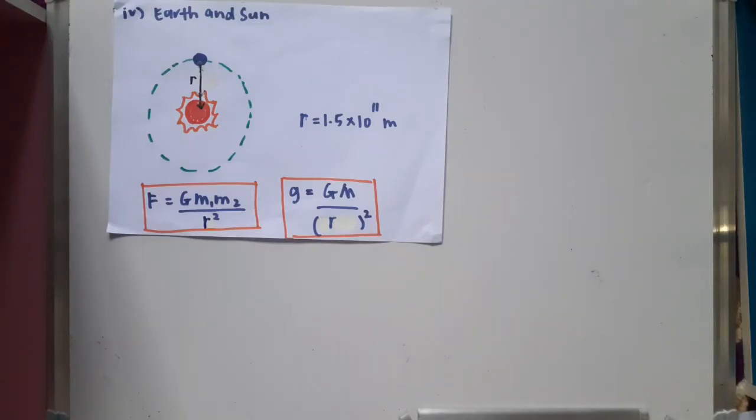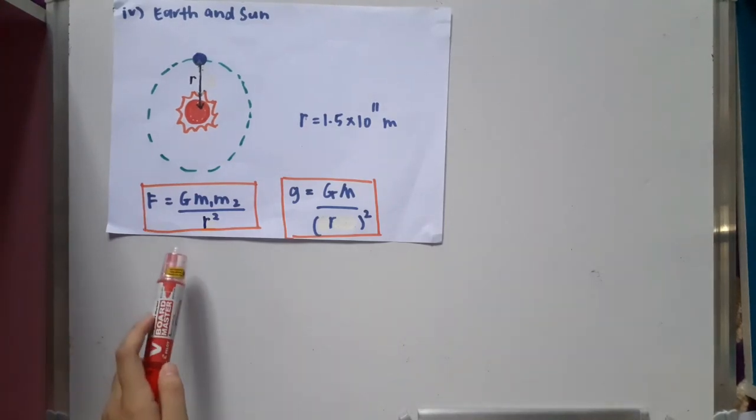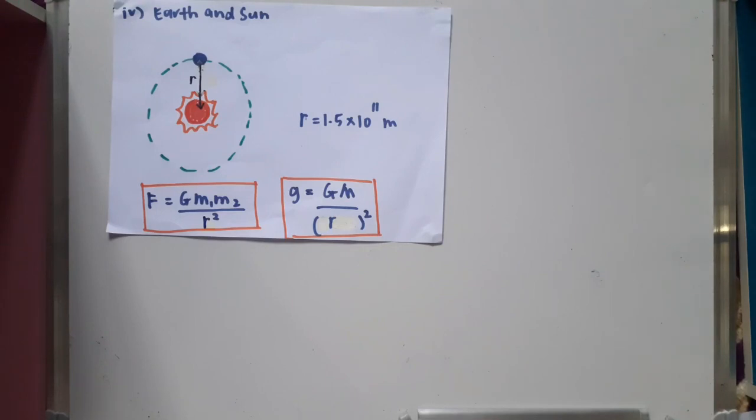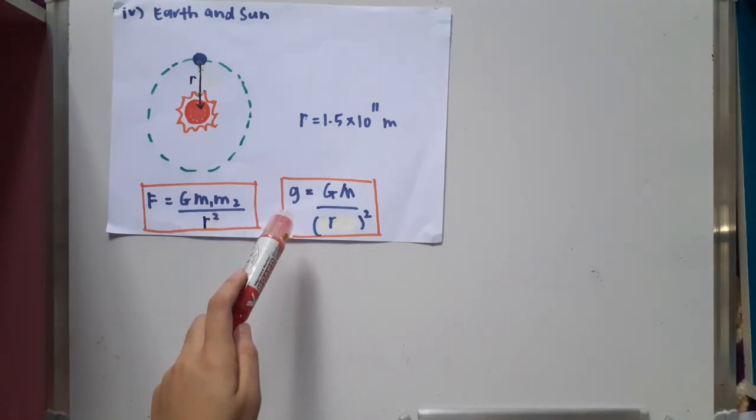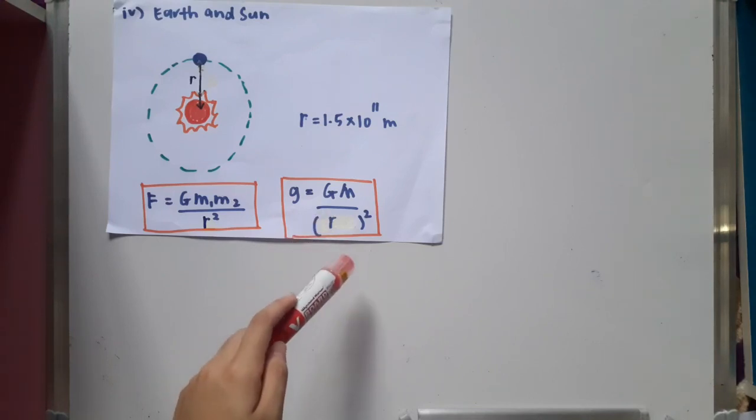Okay, this is the last thing in part A, which is the gravitational force between Earth and Sun. Okay, so the formula that we use is the same. F is equal to G m1 m2 divided by r square. And to calculate the gravitational acceleration of the Sun, g is equal to GM divided by r square.